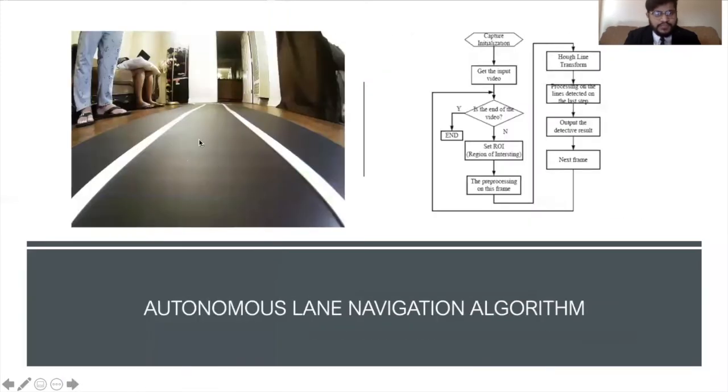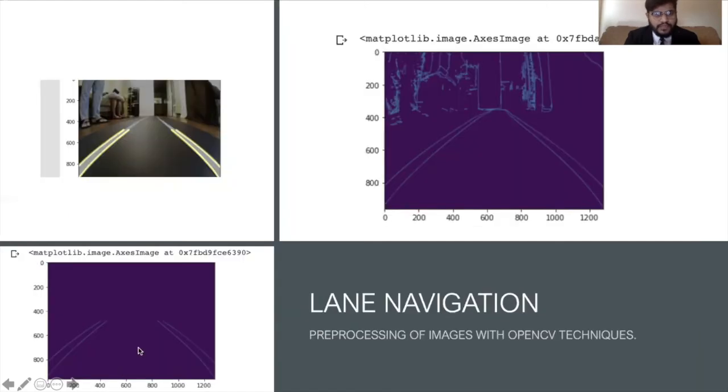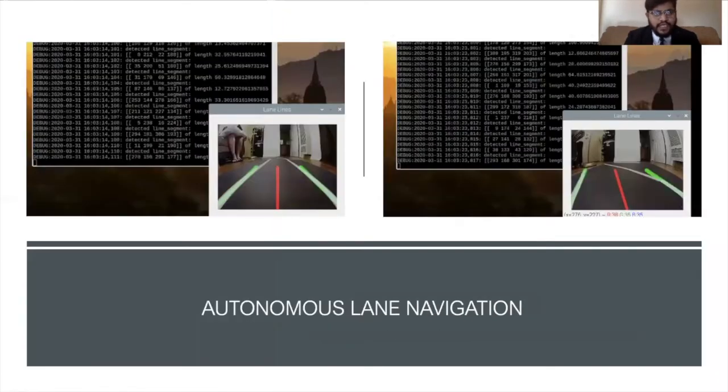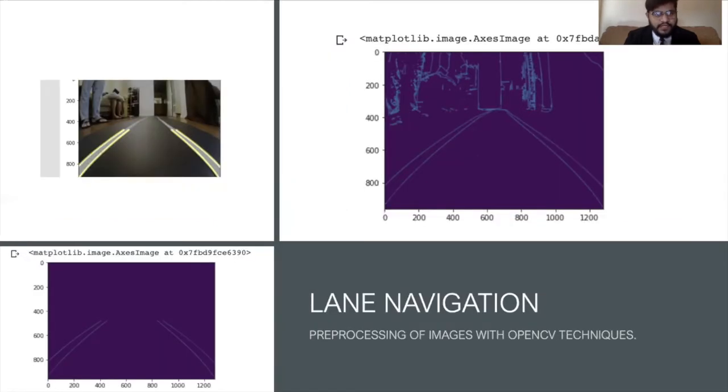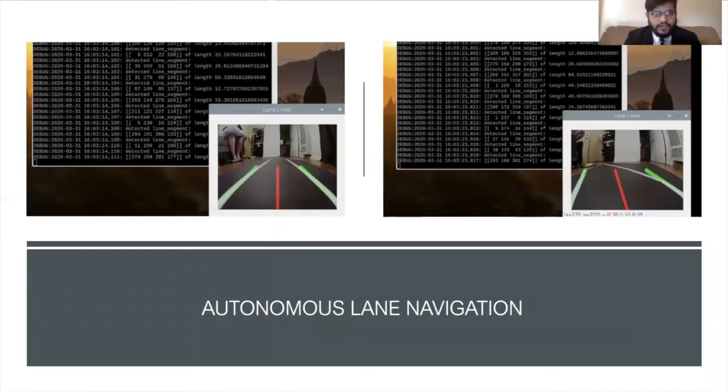So our original captured image was this one. Once we mask those detected edges on the original image, we get perfectly detected lines on both sides of the car. With additional processing, we can fill out the gaps between the lines and get a solid line on both sides of the car.